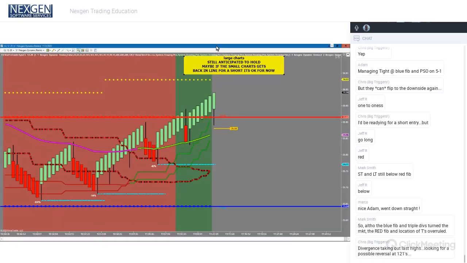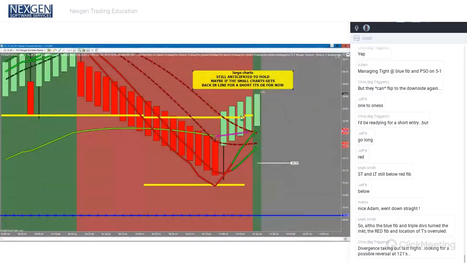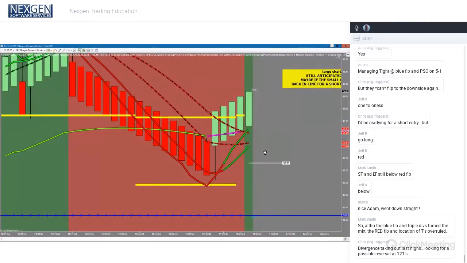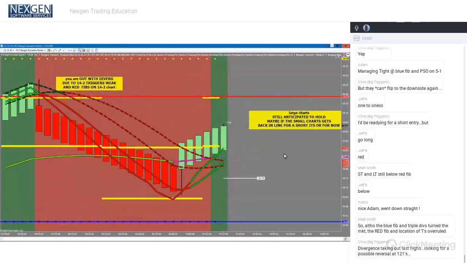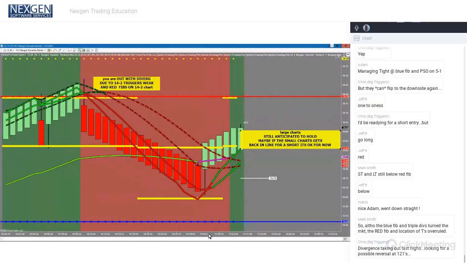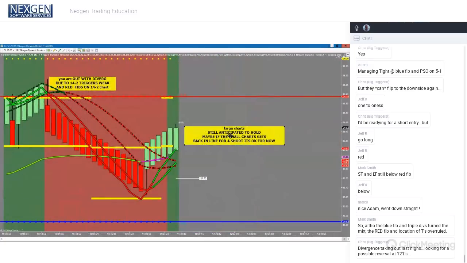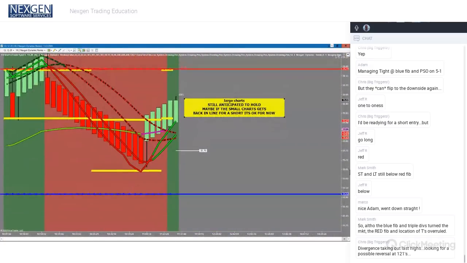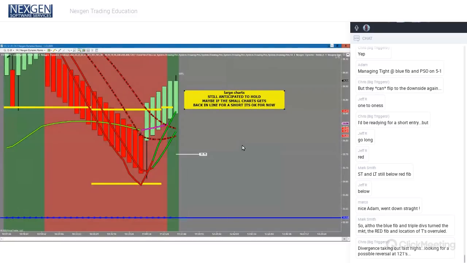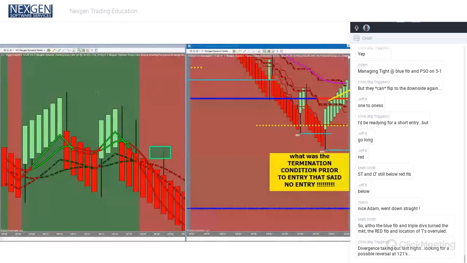If the anticipation for a short goes away, then if the rules are met for a long, you can do a long. If nothing becomes true, then you can't really do much. Sometimes there's just nothing to do, and that's okay too.